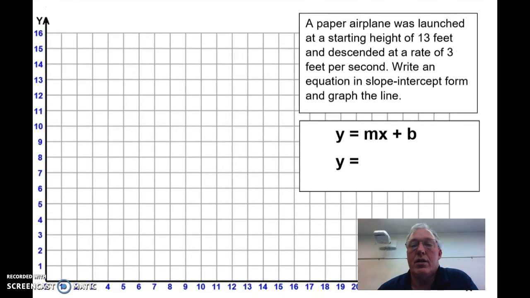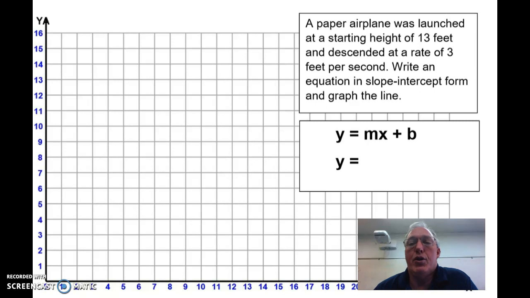Students, we're going to take a look at another story problem, and let's see what the slope-intercept form equation and line looks like on this one. A paper airplane was launched at a starting height of 13 feet, and it descended at a rate of 3 feet per second.